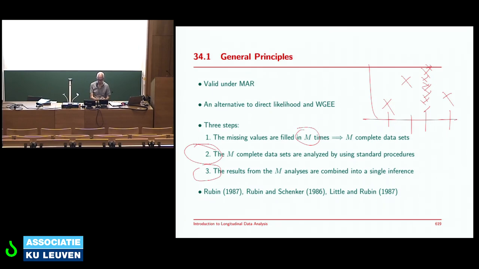Rubin developed a method and wrote a book about it in 1987, which maybe was very early in the time frame for a synthesis. If you develop a method and you write a synthesis immediately, you haven't seen, let's say, all aspects, you haven't seen all corners of the room yet. So there are later texts and also later versions of the Little and Rubin book, but also Rubin and Schenker earlier on.